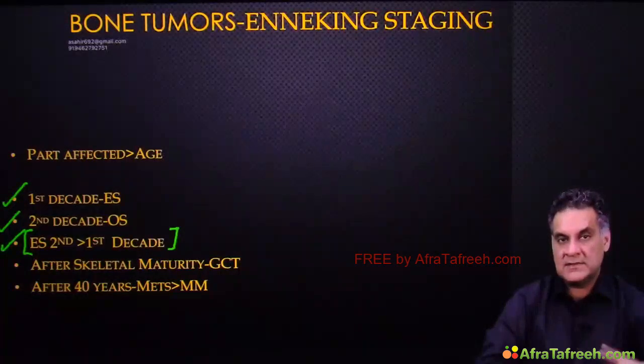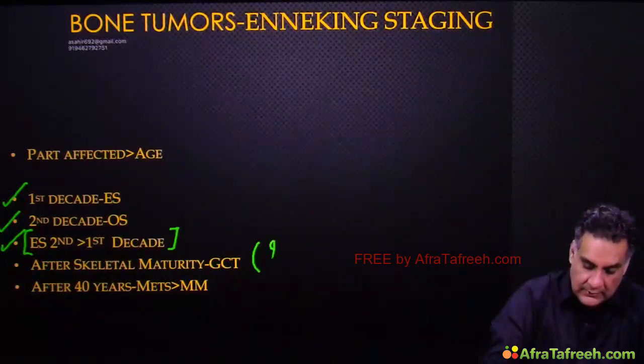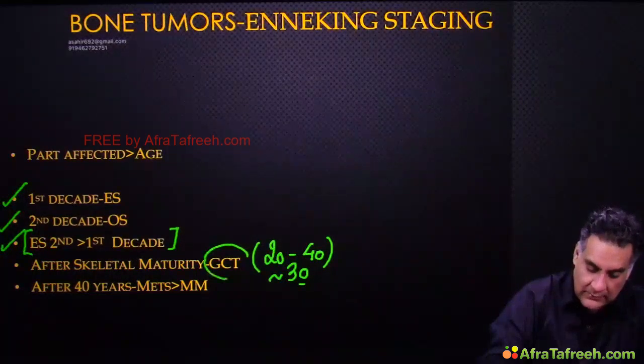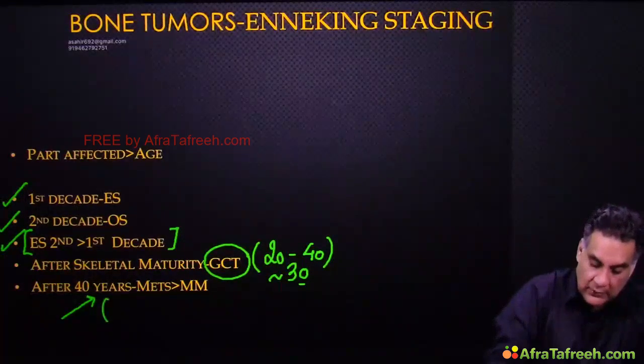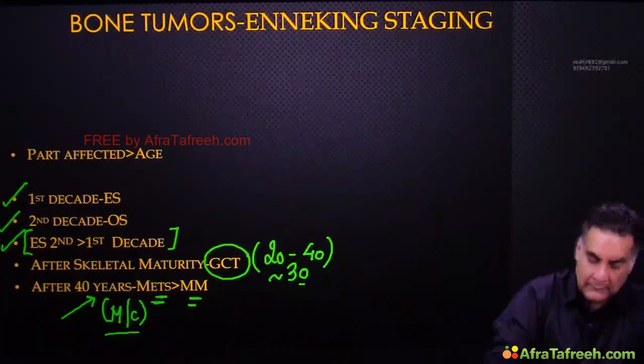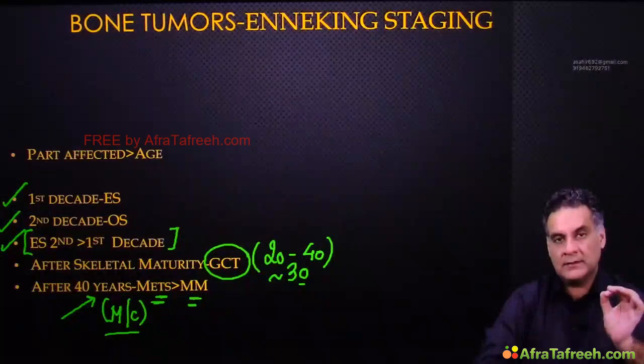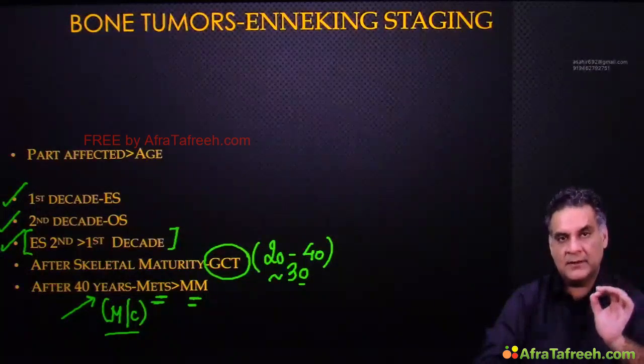After skeletal maturity, this age group is 20 to 40, mean age 30. We talk about giant cell tumor. And after 40, you have metastasis followed by multiple myeloma. Multiple myeloma happens to be the number one primary bone tumor.